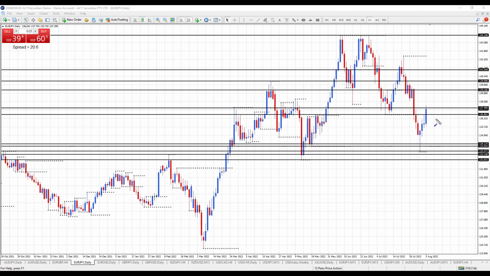Alright, moving on to the Euro Yen day chart. Now we had a heavy rejection down here, heavy sell-off, then a heavy rejection in this monthly support area. And by the end of the week, we managed to get back above this weekly resistance level, 136.86. So we could pull back. Does that level become support now that we've moved through it?